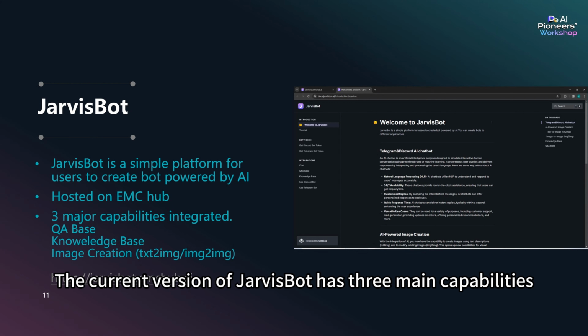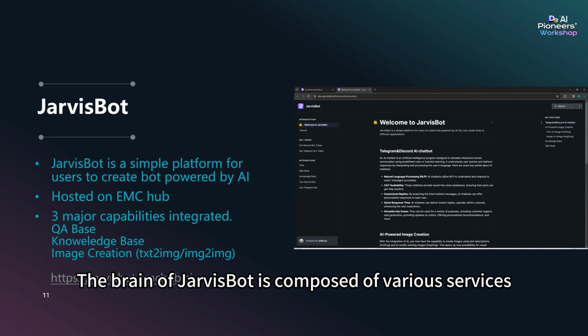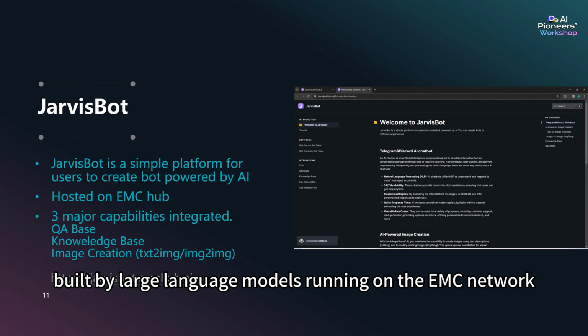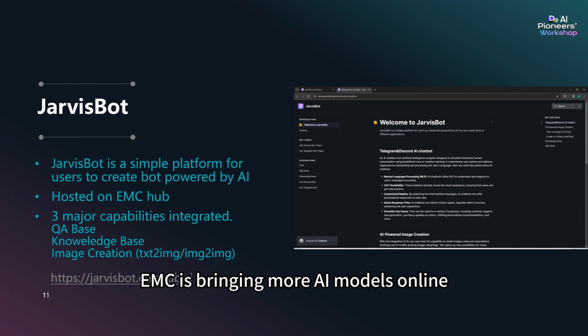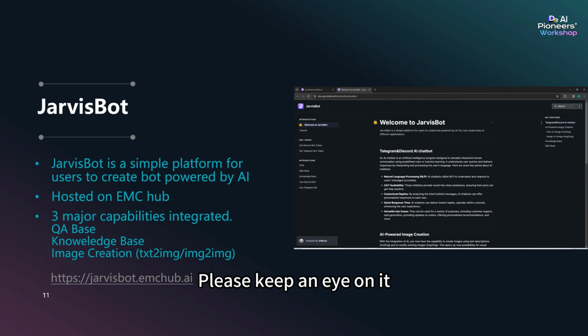The current version of JavaSpot has 3 main capabilities: QA, knowledge-based QA, and image generation. The brain of JavaSpot is composed of various services built by large language models running on the EMC network. EMC is bringing more AI models online, and JavaSpot will unlock more functions as well. Please keep an eye on it.